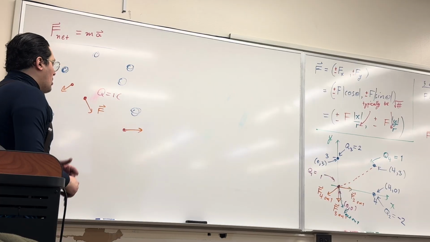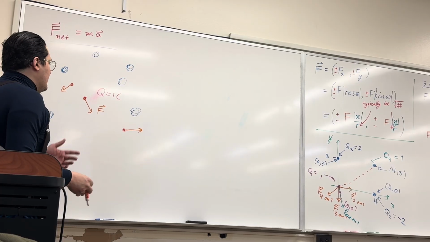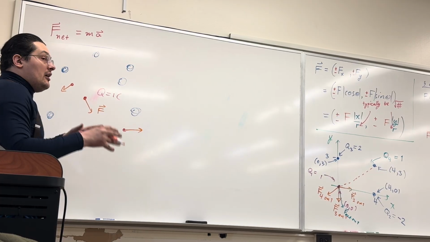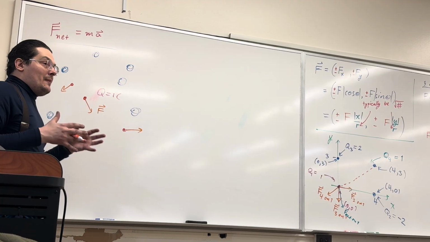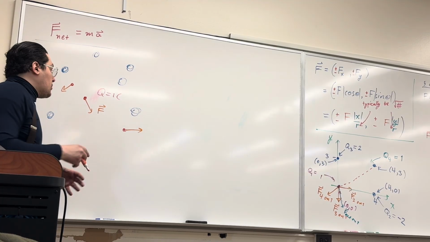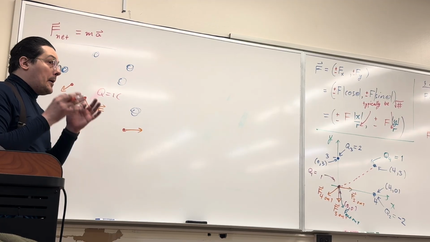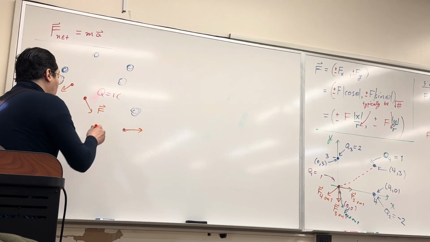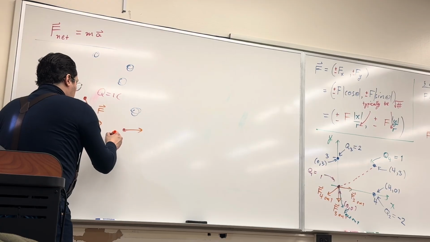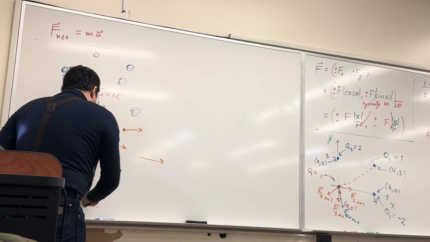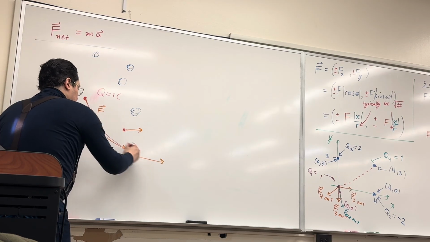Once I know the vector, now if this had a large mass, computing its actual trajectory would be very complicated. But since it has a very small mass, it will approximately just flow in whatever direction it's being pushed.